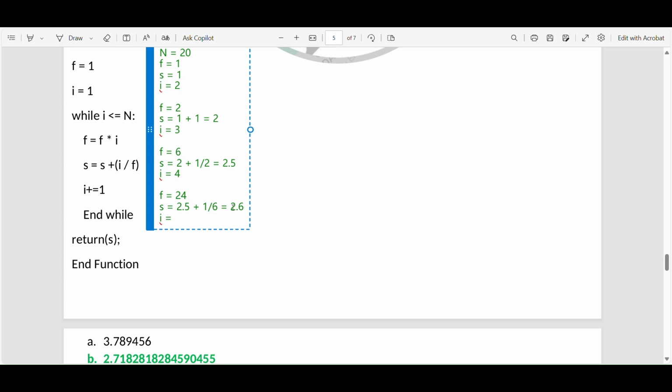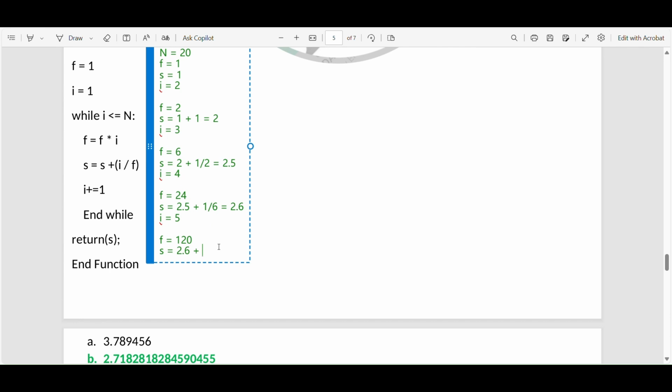And I will be again incremented to 5. And next, this is another iteration where the value of f will be f into I, 24 into 5. So 24 into 5 will give you 120. So the value of s will be the previous s, which is 2.6, plus I by f, right?